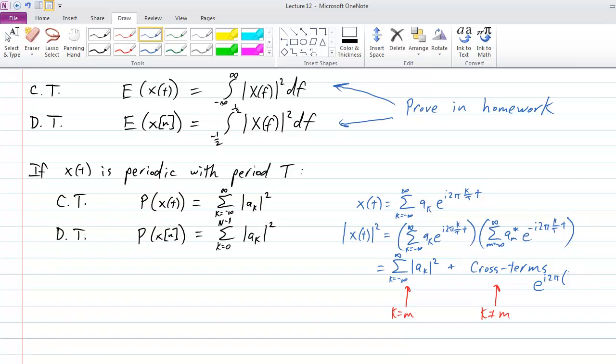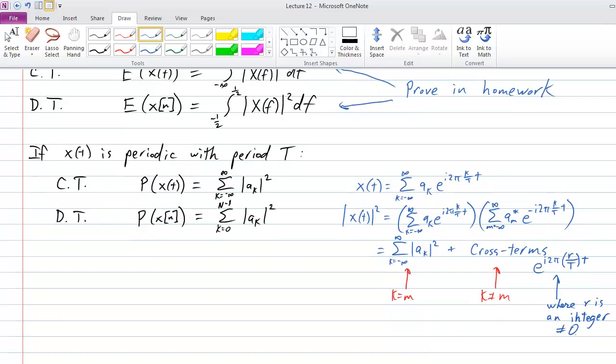I'll use r over t, where r is an integer not equal to 0.